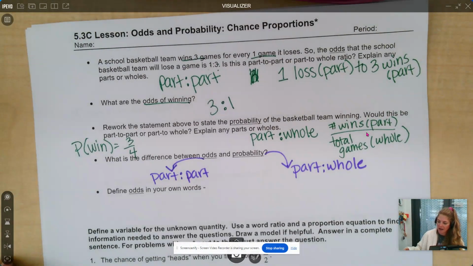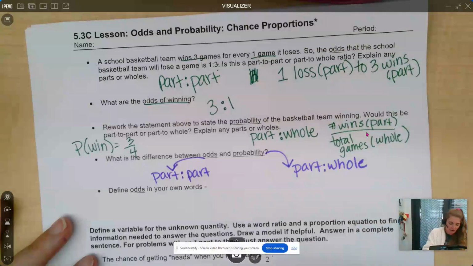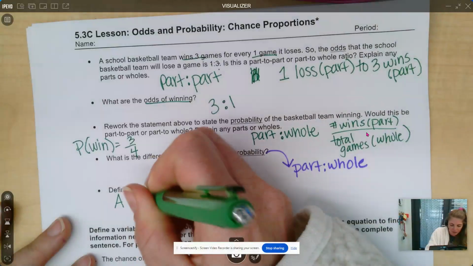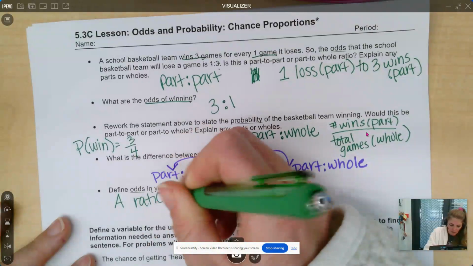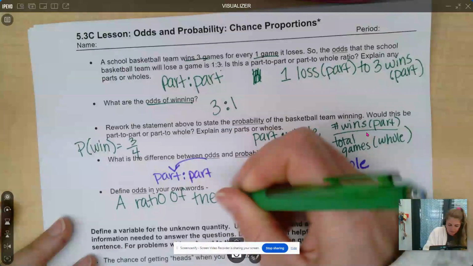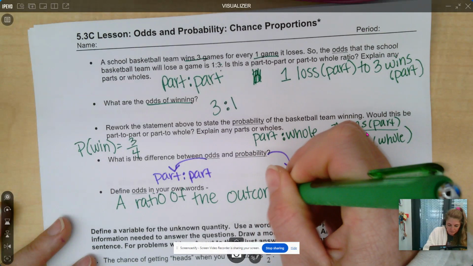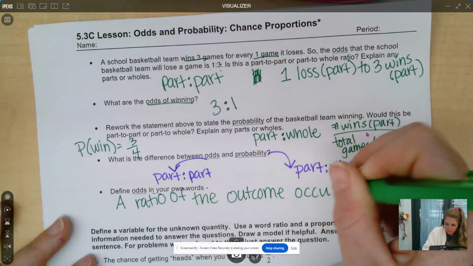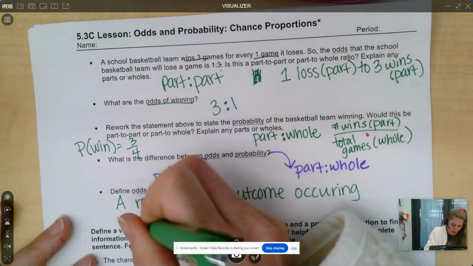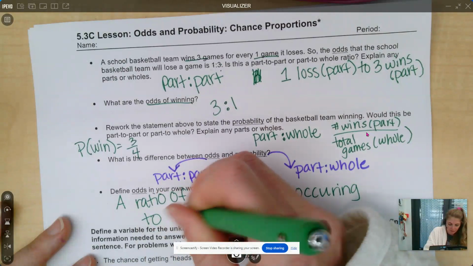It says to define odds in your own words. So let's think about odds as a ratio of the outcome occurring to not occurring.